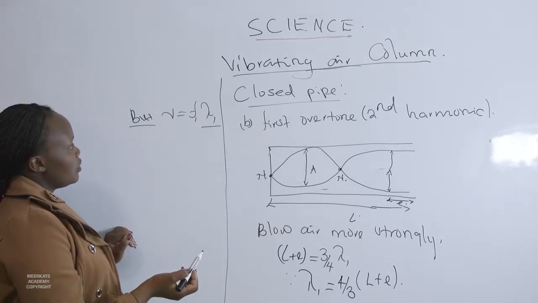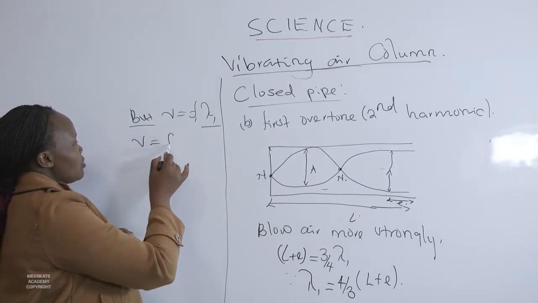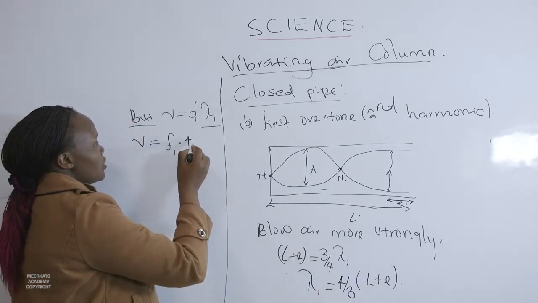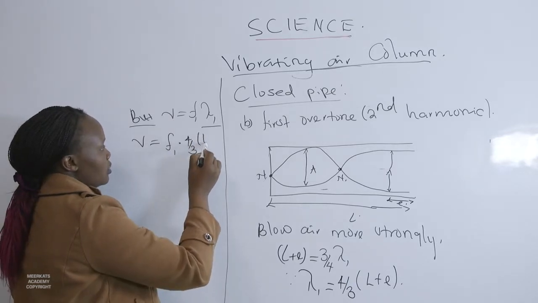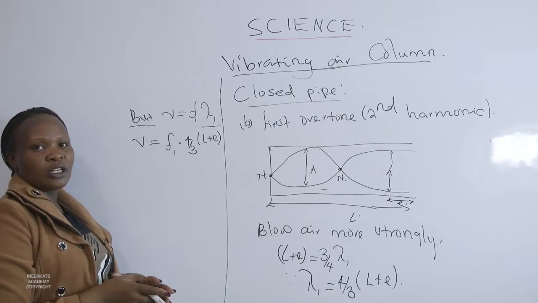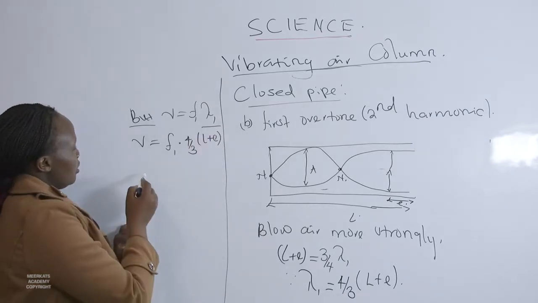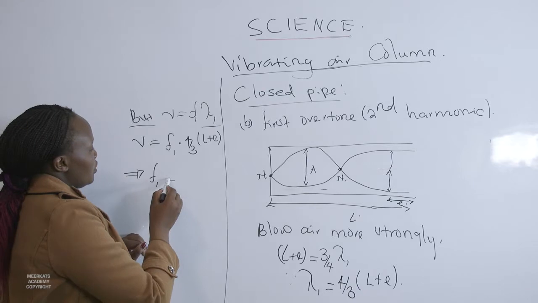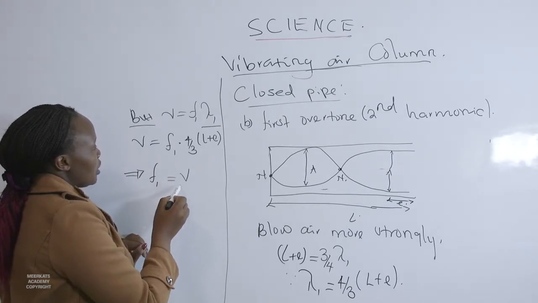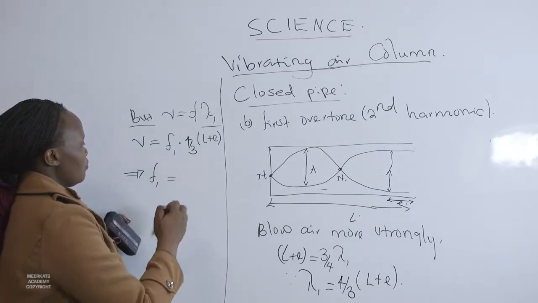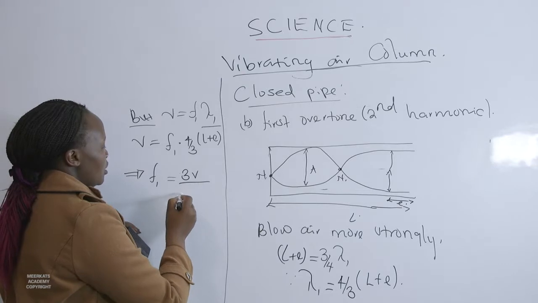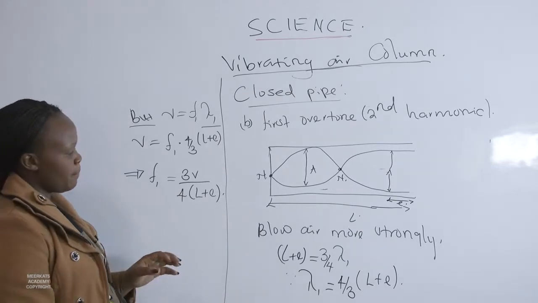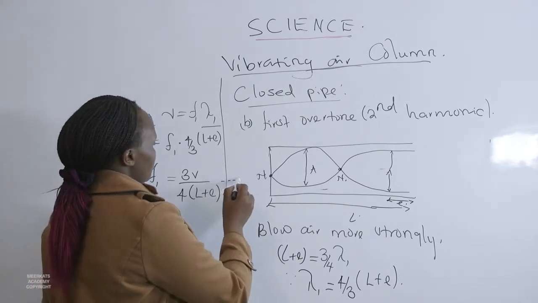We can substitute for lambda so that V becomes F1 times 4/3 into L plus E. So that way we shall have substituted for our wavelength, implying that if we want F1 alone, we shall have 3V over 4 into L plus E. Now this one we shall label it as equation 2.